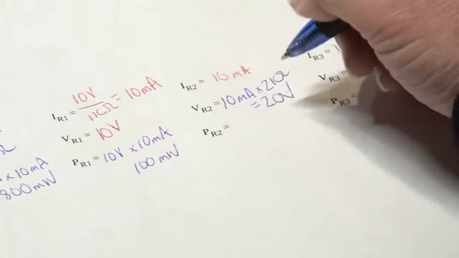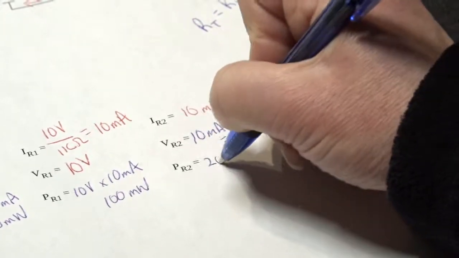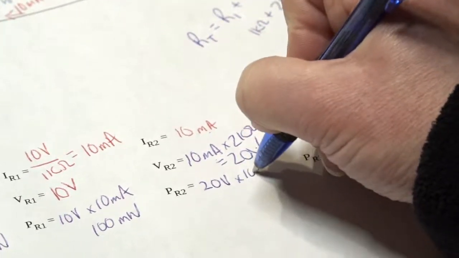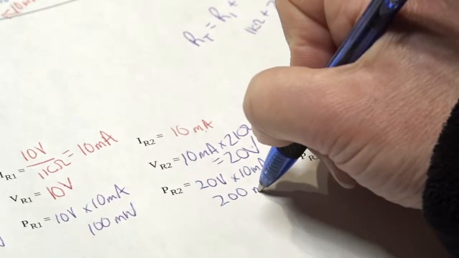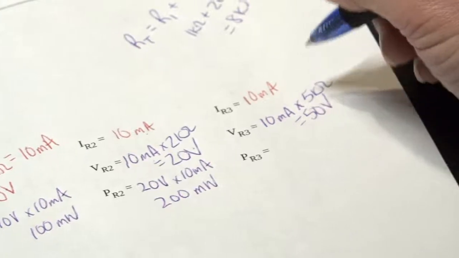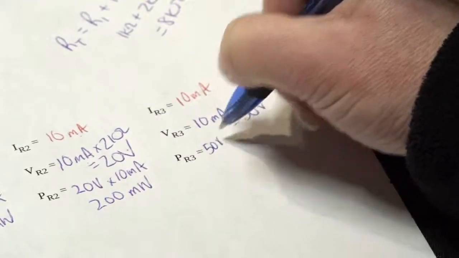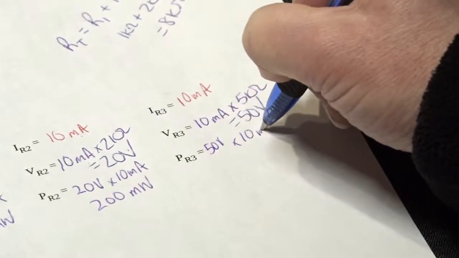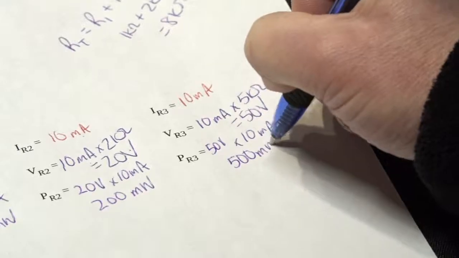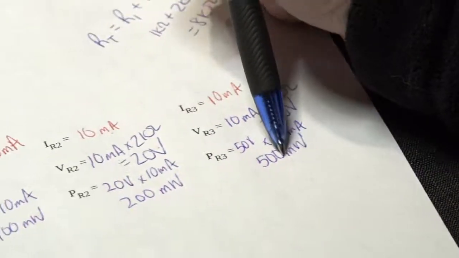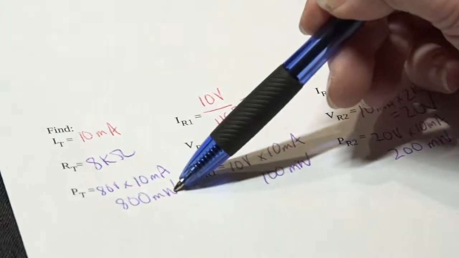Because remember, watts is the unit for power. So 20 volts times 10 milliamps gives us 200 milliwatts. And 50 volts times 10 milliamps gives us 500 milliwatts. And note, 500 plus 200 plus 100 adds up to 800 milliwatts.